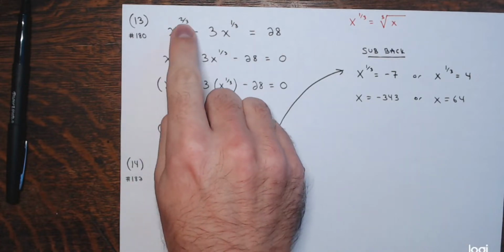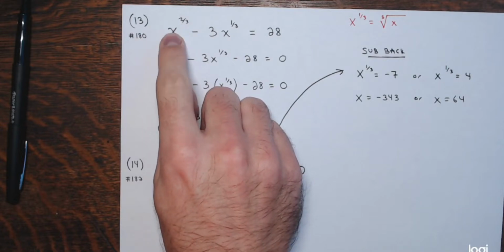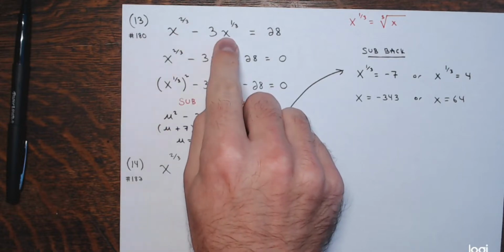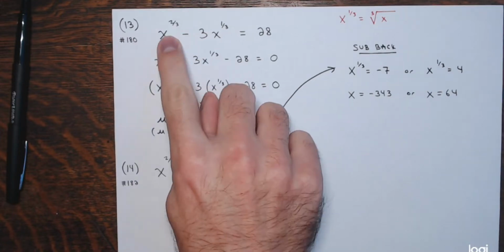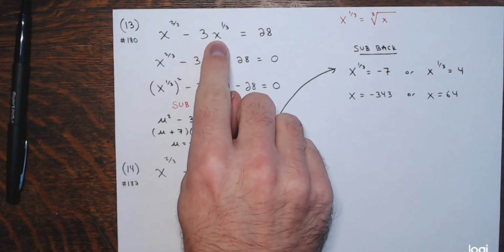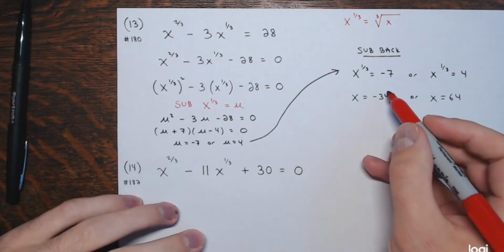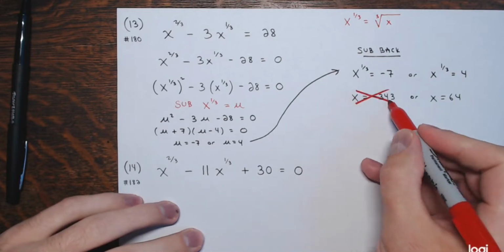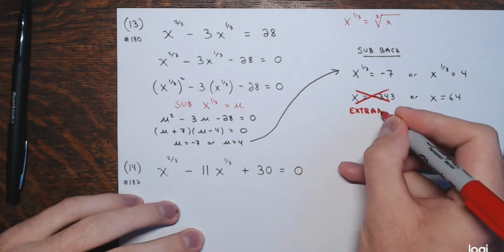The cube root would be -7. Squared would be 49. And then the cube root of -343 is -7. So 49 plus 21. Alright, so this does not work. This is an extraneous solution, which you've seen already. I just didn't write the word extraneous before.